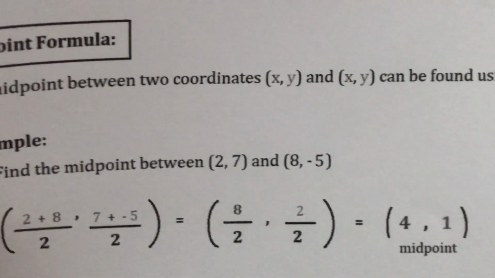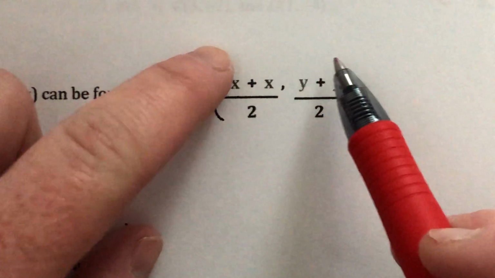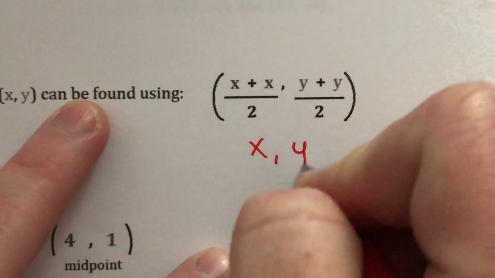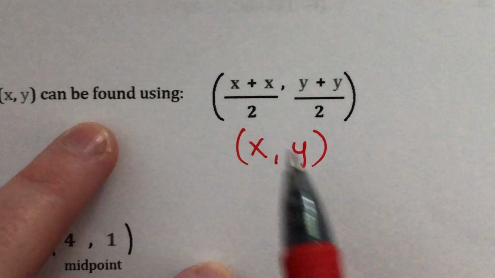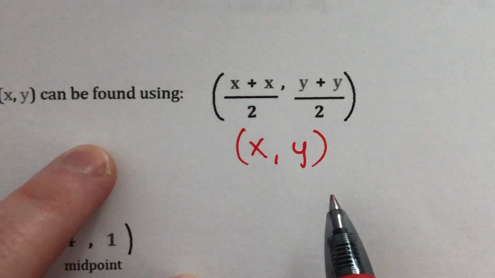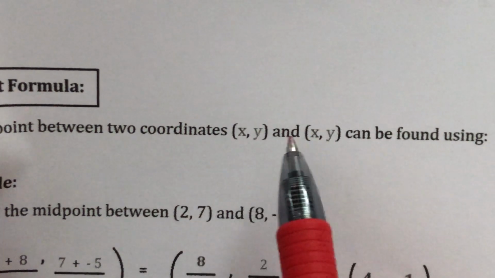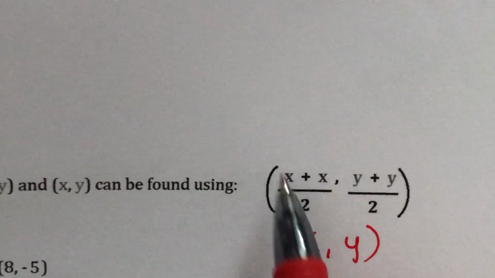The midpoint between two coordinates, (x, y) and (x, y), can be found using this. The midpoint is a point, so it's going to be x, comma, y, right? That's what we're going to end up with. Not a number, not a fraction, a point, the midpoint. So we're going to take our two endpoints, add the x's together and divide by 2 to get our x midpoint.